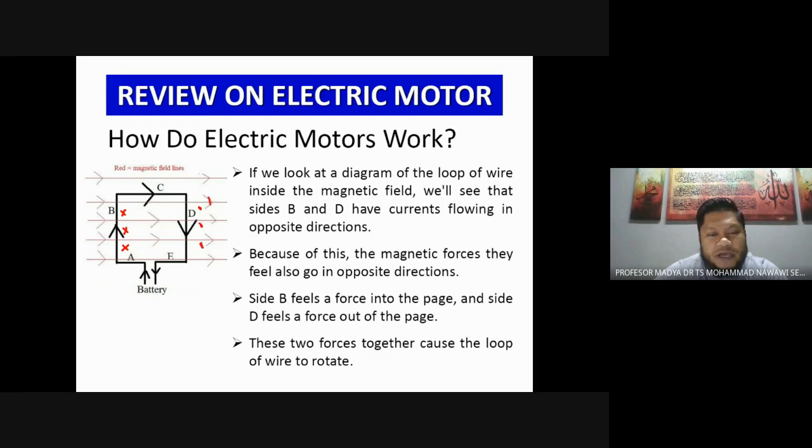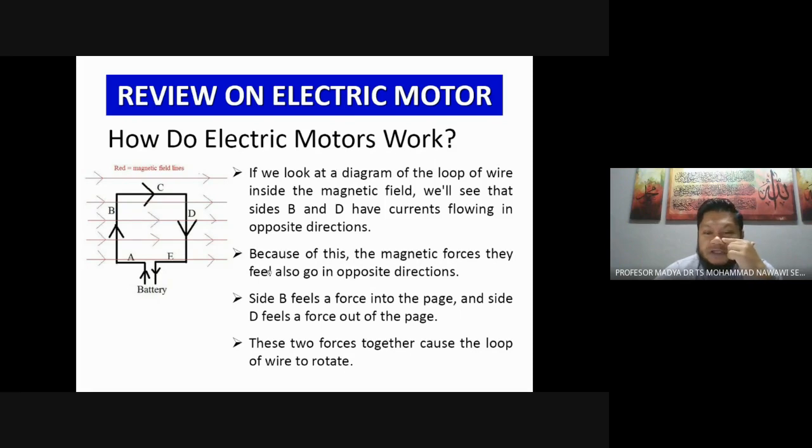This is your F, the force. Because of that, this coil will rotate. If you have that axis, it will rotate in the clockwise direction.